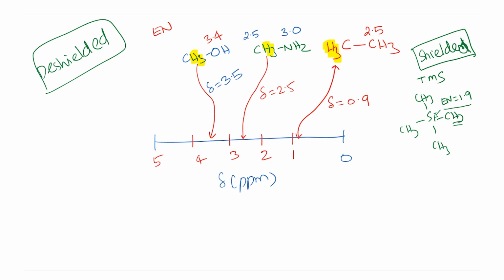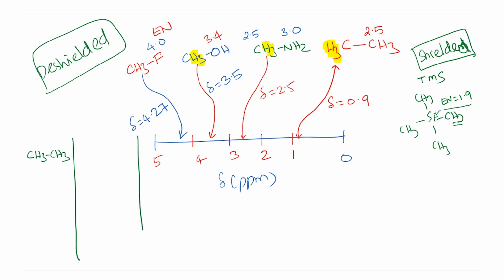And lastly, let us look at fluoromethane, CH3F. The electronegativity of fluorine is 4.0, and the chemical shift of this hydrogen is 4.27.